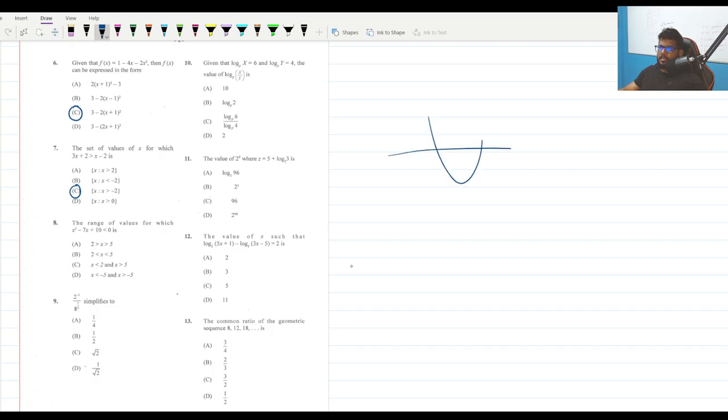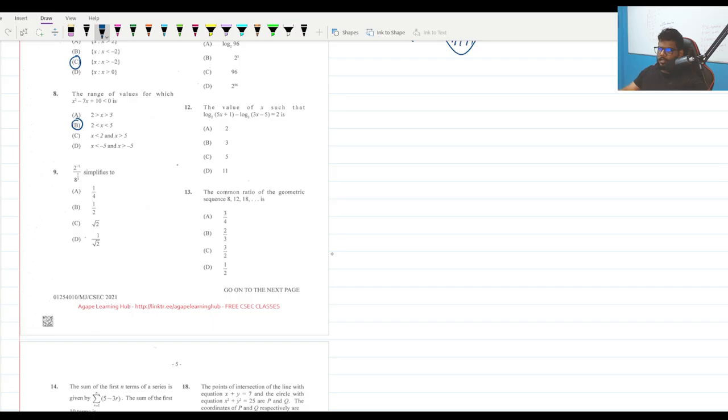So this is a positive x squared, and the values when it is less than 0 will be this area here, which is between the two roots. So there's 2, there's 5. This is x is greater than 2 and x is less than 5. If x is greater than 2, then 2 will be less than x, and x less than 5. B.